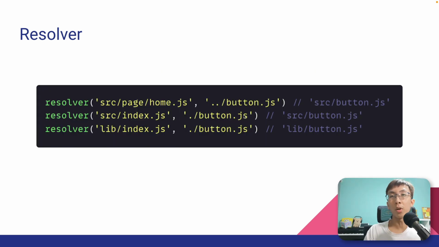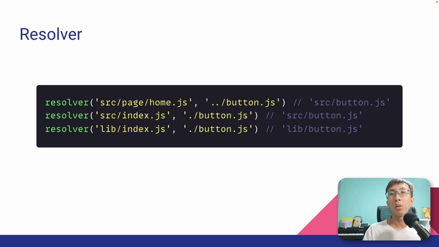So I guess we concluded that the resolver is a function that gives us a location based on where we are and what we are looking for. But we haven't figured out what is in the resolver function. What are the steps to figure out where the location of the path that we are looking for is?